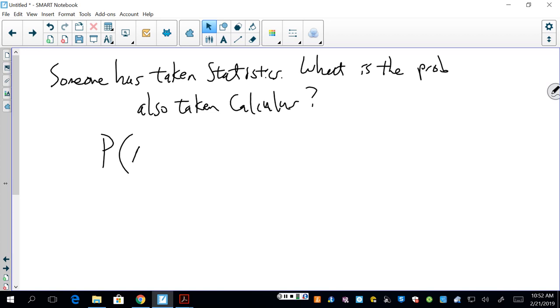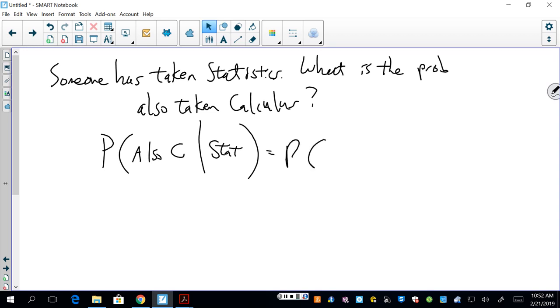So also calculus, and then I would write the statistics on this side, okay? To the right of the line, meaning that's what we've known. We know that about the person. Now we're asking also calculus. Also calculus, if they've taken statistics, really means they've taken both.